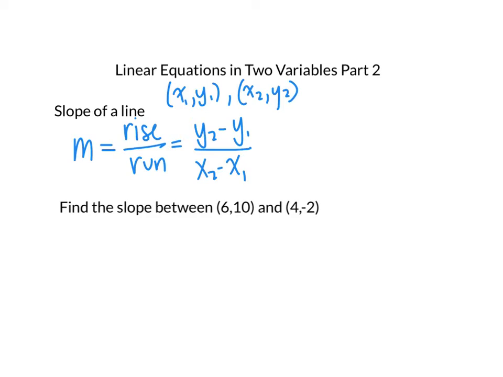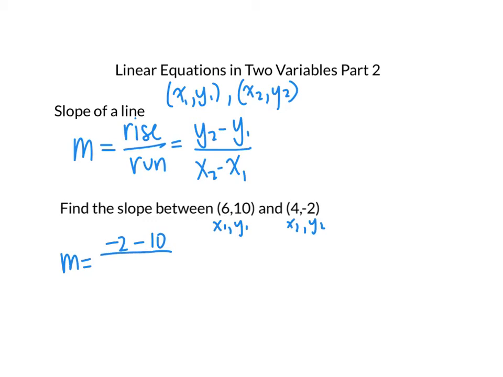Okay, so I'm just going to call this x1, y1, and x2, y2. And plug it in. So my slope is going to be equal to y2 is -2 minus y1, which is 10, over x2, 4, minus x1, 6.